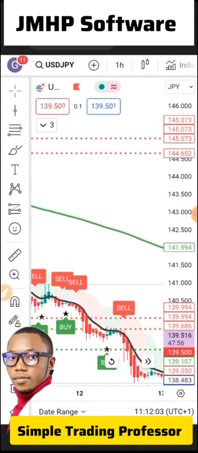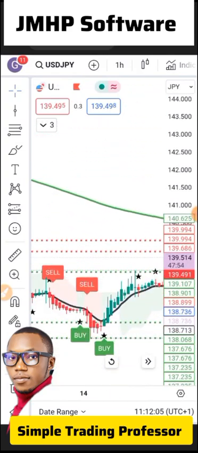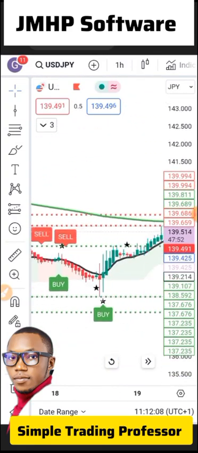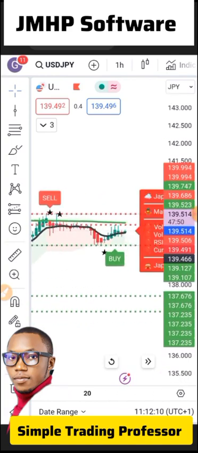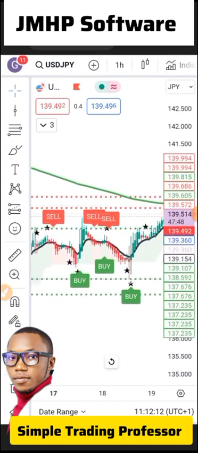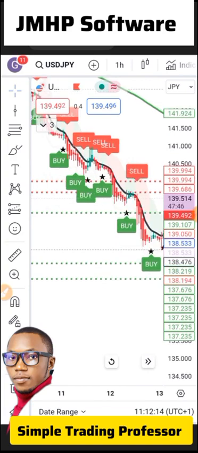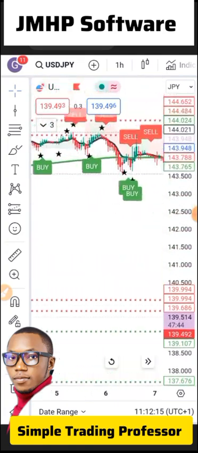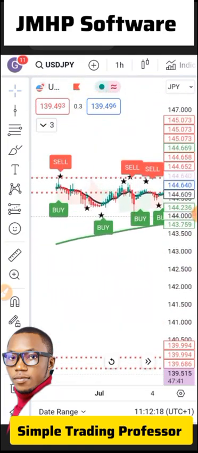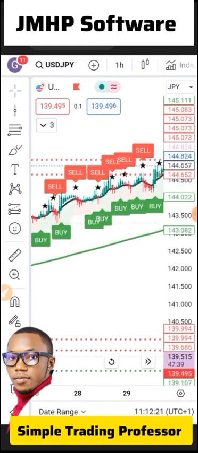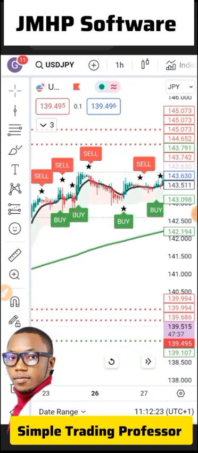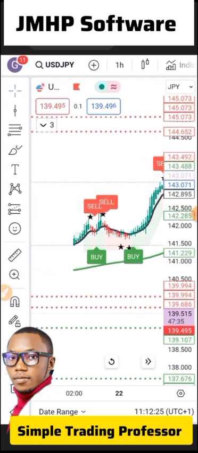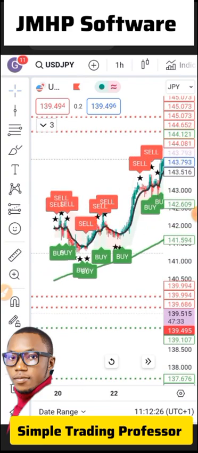If 1 hour is already trending, you use your discretion to know when to enter the market, whether you wait for a new buy signal on the 1 hour to appear before you take the trade, or you enter the market.